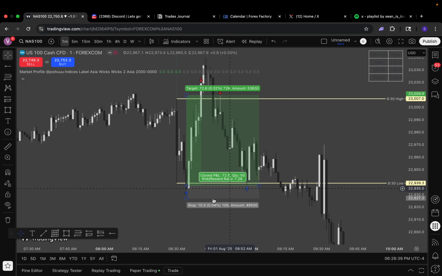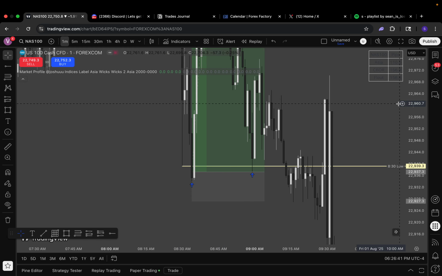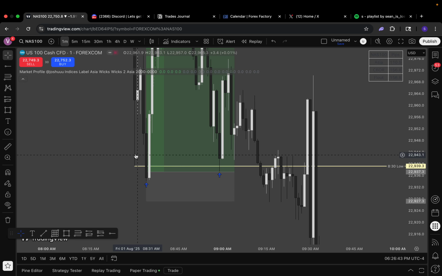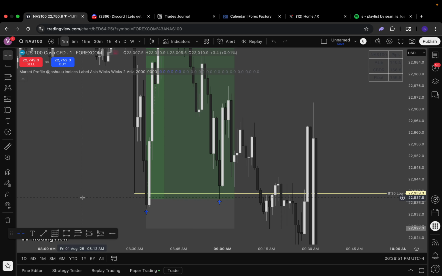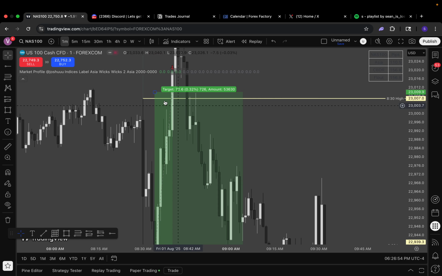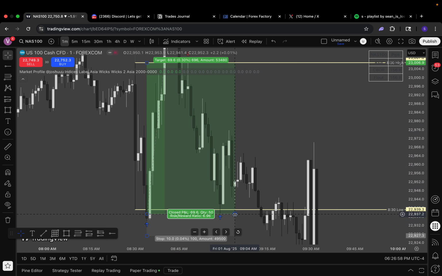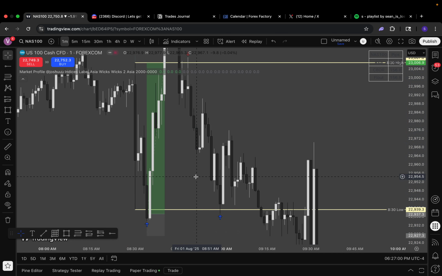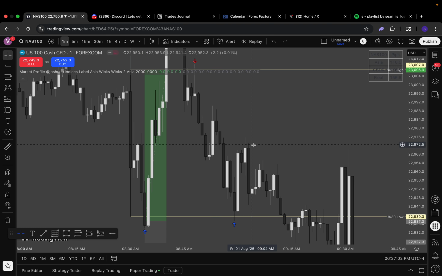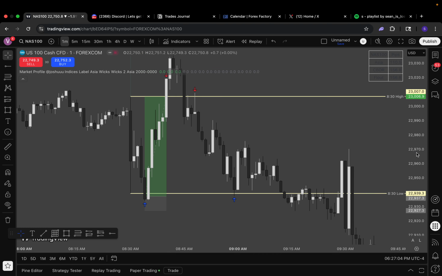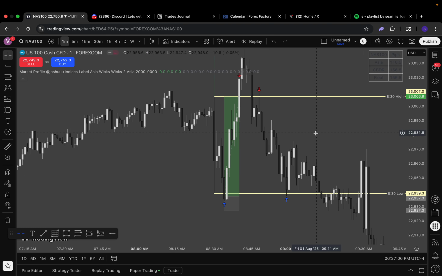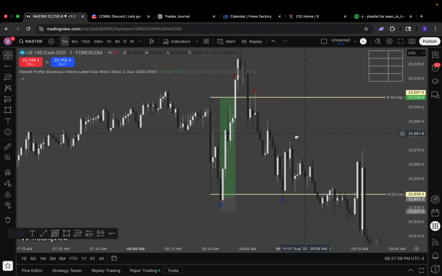I knew price was gonna sweep this data low, so I had my limit right below this low here, and then I entered, and I targeted data high. You can see this is kind of like support and resistance, but whatever. It works. Key concepts work.